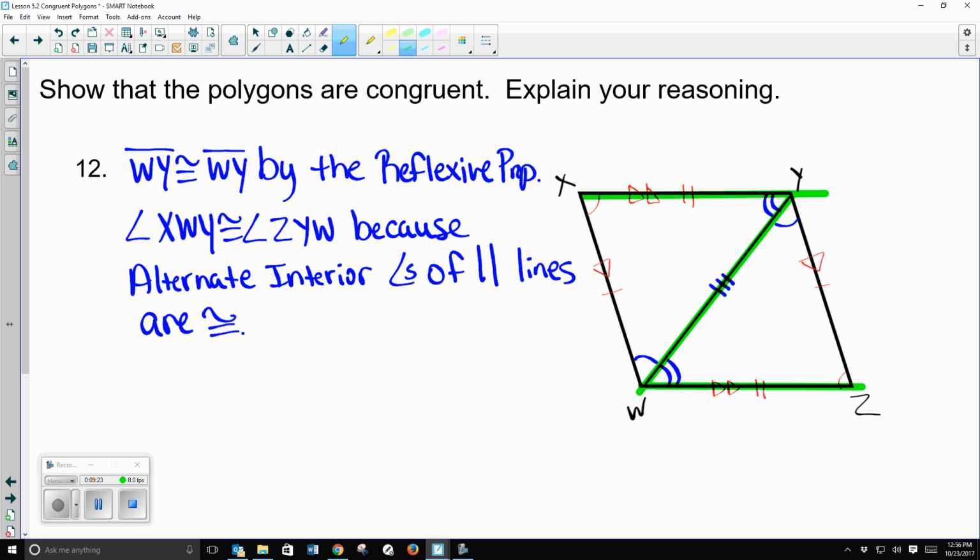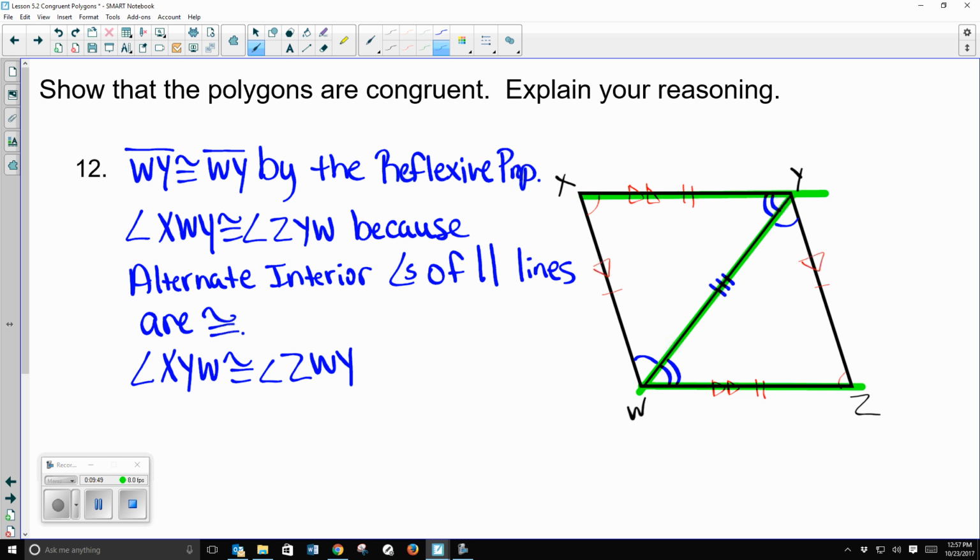It does. So now we can say that angle XYW is congruent to angle ZWY. To me, the hardest part is naming the angles, because all those letters kind of... Anyway, there are 2 different ways to prove that those 2 angles are congruent to each other.